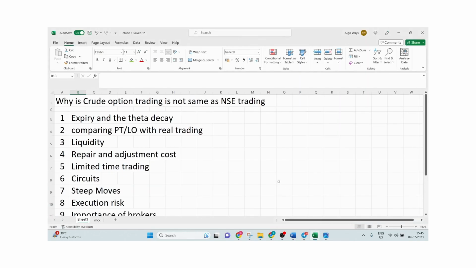So why is crude oil option trading not the same as NSE option trading? See, in NSE we have weekly expiry, and at the same time we have very good volumes. There is no liquidity issue in Nifty and Bank Nifty, and even in Fin Nifty the liquidity is good now. Initially it was not very good.